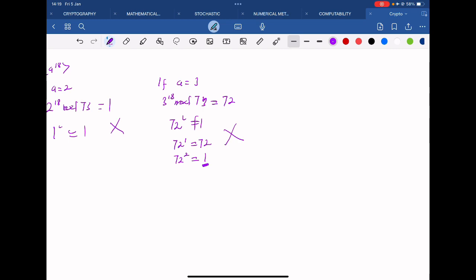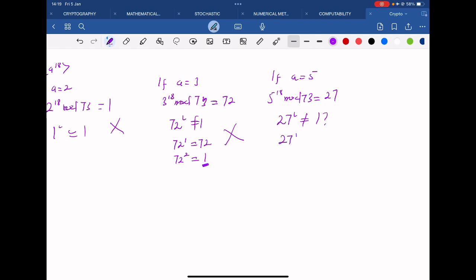Let's move on to if A is equal to 5. We are going to get 5 exponent 18 modulo 73, and that is equal to 27. Now is 27 exponent L not equal to 1? We have to see.